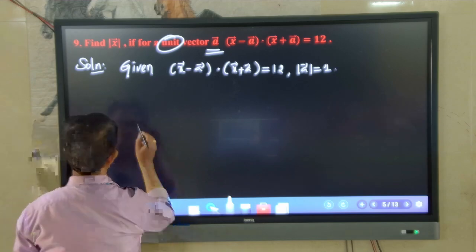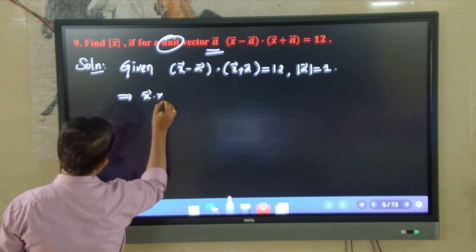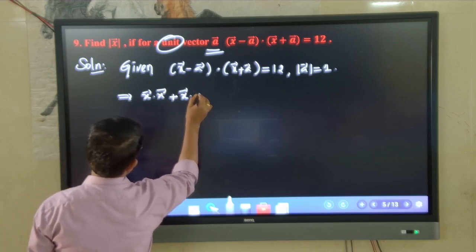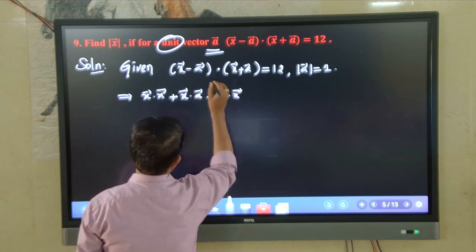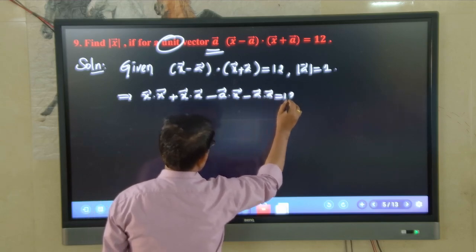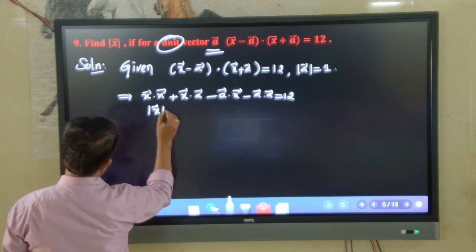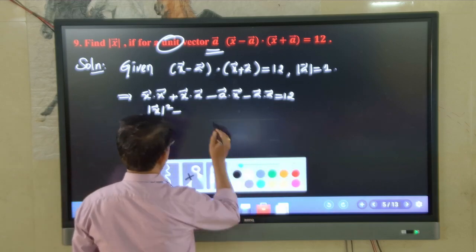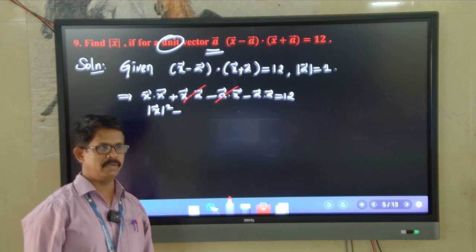Then how to do this, which implies first x dot x vector plus x dot a vector minus a dot x vector minus a dot a vector equal to 12. That is equal to modulus of x vector square. By the commutative property, x dot a equals a dot x.